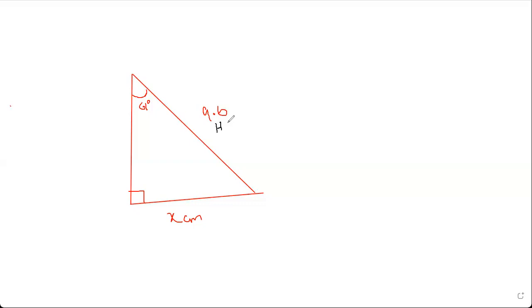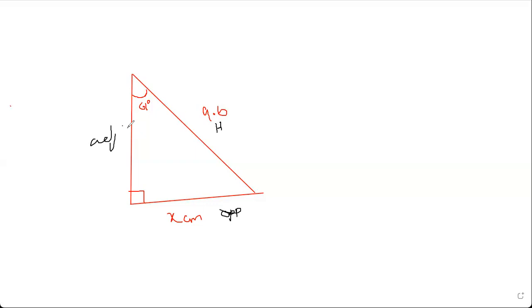X is opposite to 61 degree. So x is opposite. And this is adjacent, which is definitely not given, and we don't have to focus on the adjacent, because they are not asking us to find adjacent.